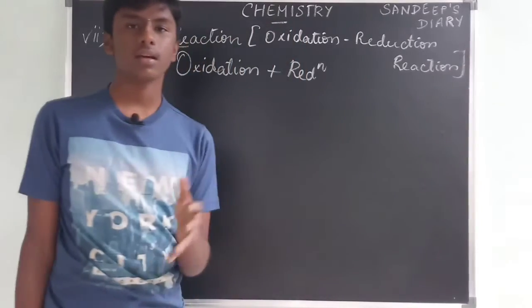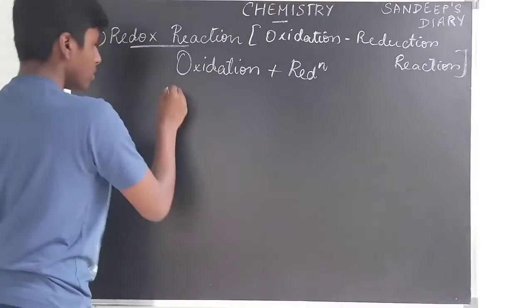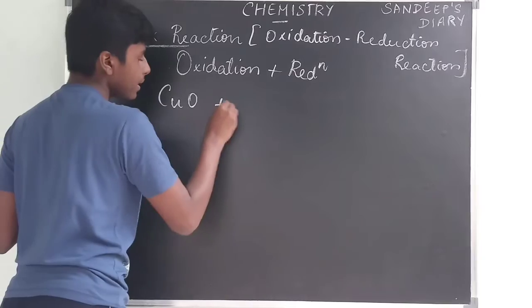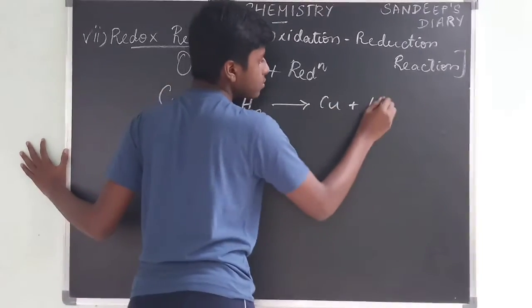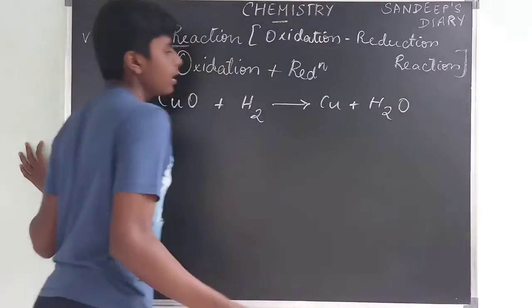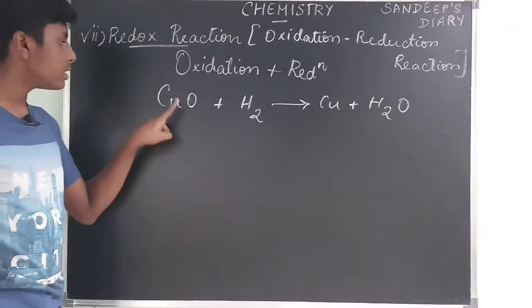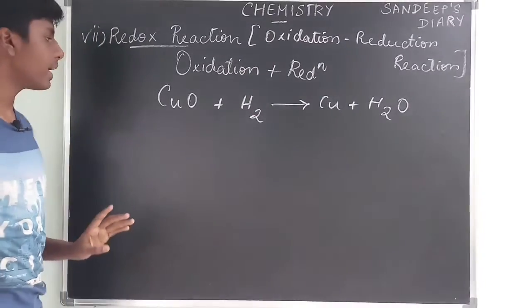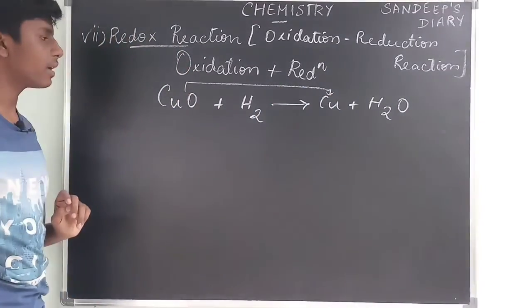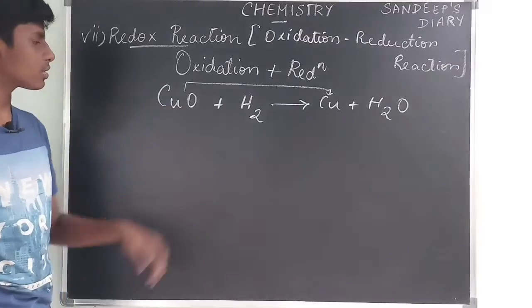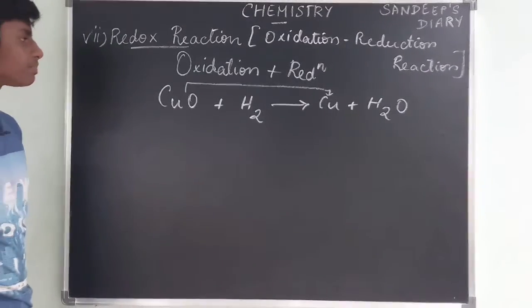Let us understand with an example. Copper oxide plus hydrogen produces copper plus water. Here you can see copper is being reduced by removal of oxygen. By removal of oxygen, copper oxide is reduced.